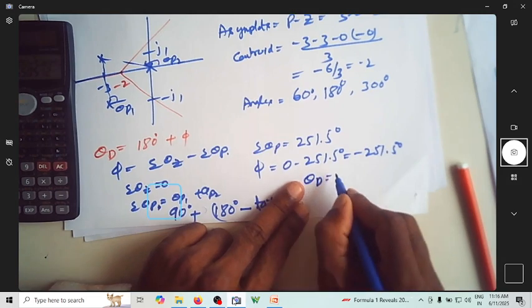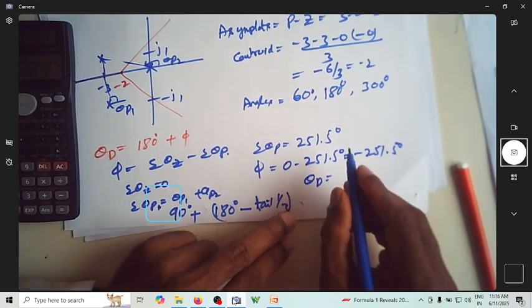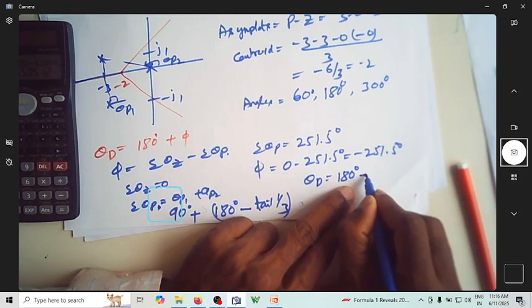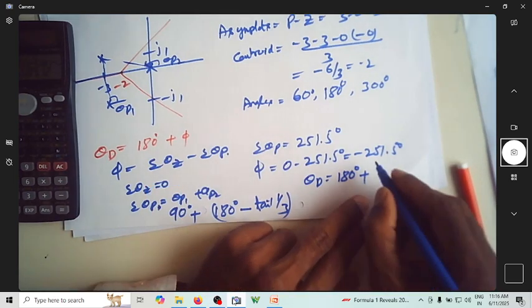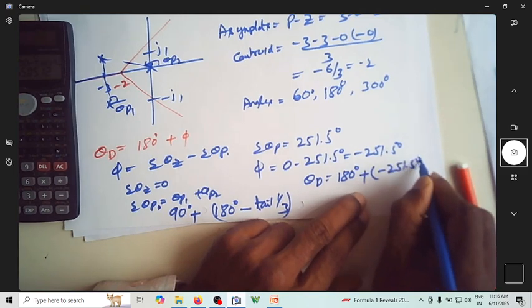So theta d is 180 degrees plus minus 251.5 degrees.